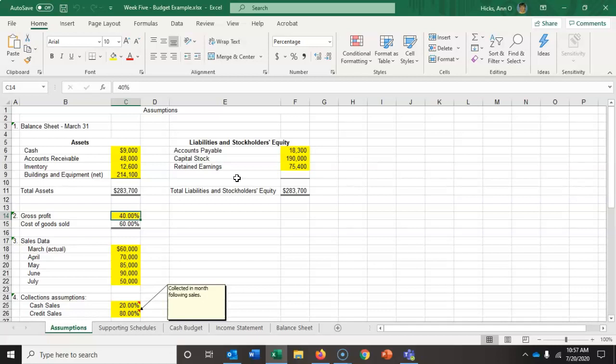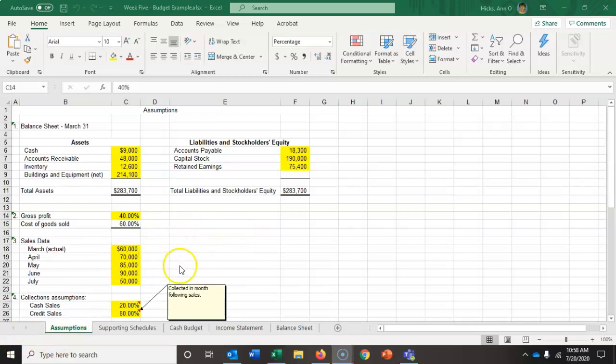So we may go in and say, what assumptions can we change? Some assumptions we may not want to change, but maybe 40% is too high a gross profit. Maybe that's not achievable. How would our results change, say, if we used a gross profit of 30%? So this data that's in the yellow highlighted cells is data that can be adjusted.